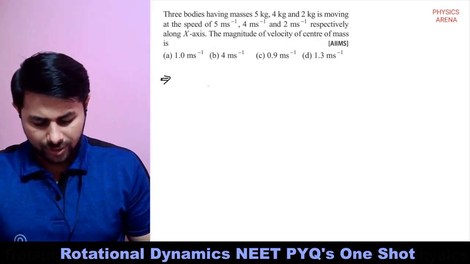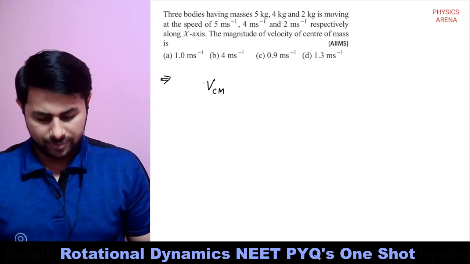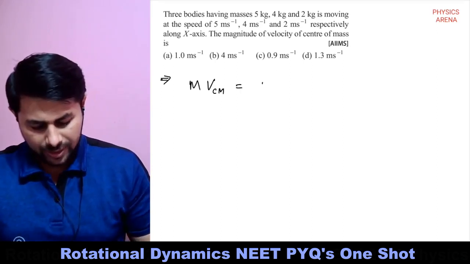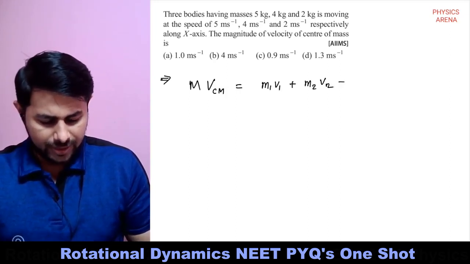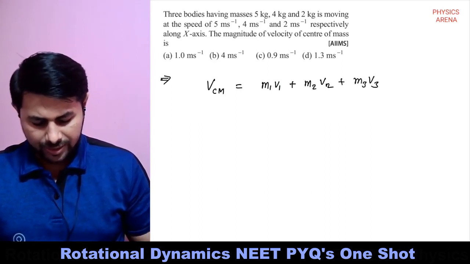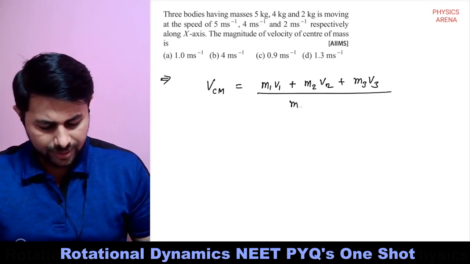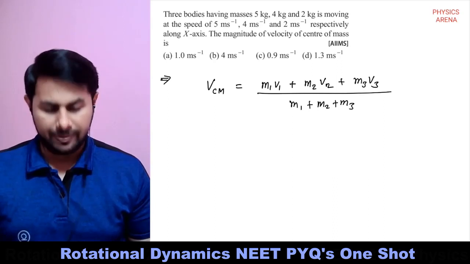We saw that M times velocity of center of mass is m1 v1 plus m2 v2 plus m3 v3, and you can move the M to this side, where M is m1 plus m2 plus m3.